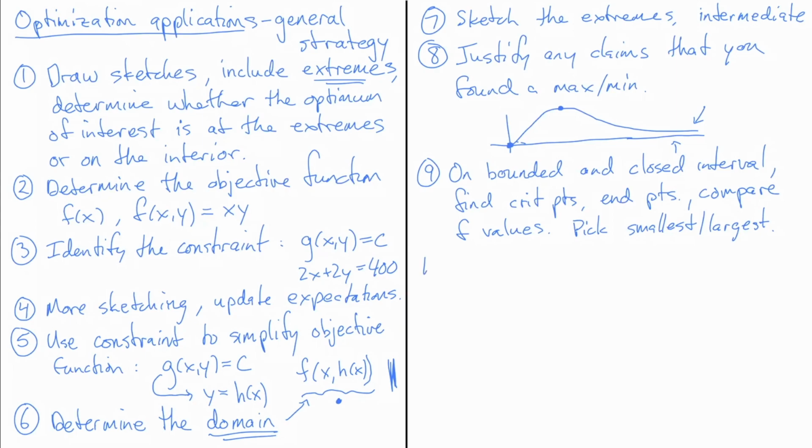And the other option, so this is sort of subcases really of 8: if the domain is open, or maybe unbounded, either one or both. Unbounded. Then you use some kind of global argument.